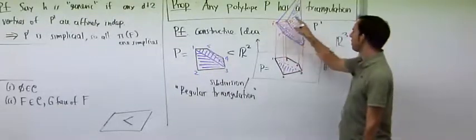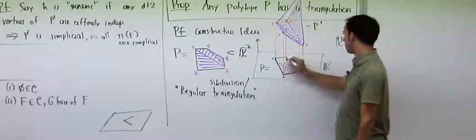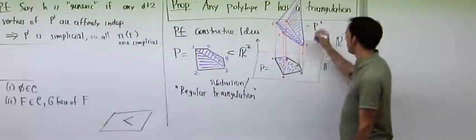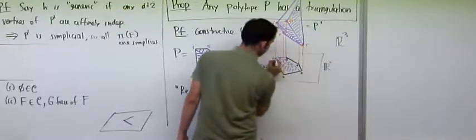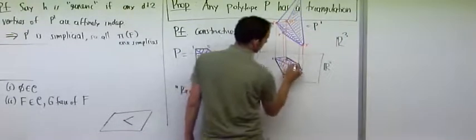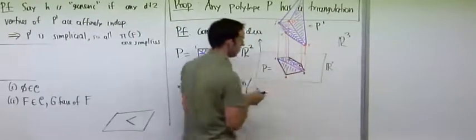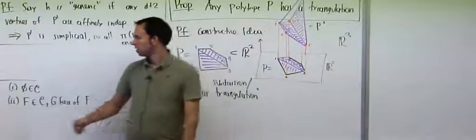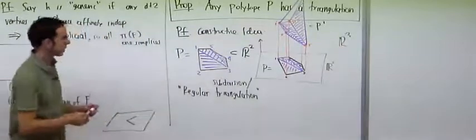If I project 1 prime, 5 prime, 3 prime, then that's going to be this triangle. And if I project 3 prime, 4 prime, 5 prime, then I'm going to get this triangle. And so the claim is that this set of things is a subdivision of P. Okay?